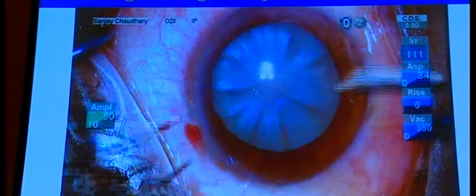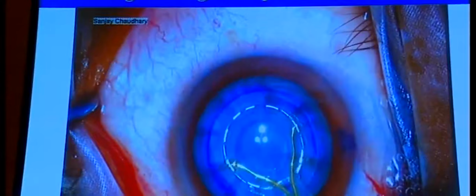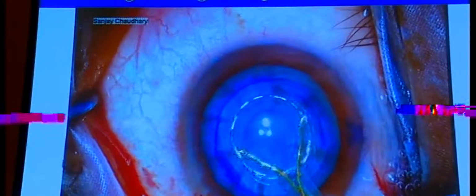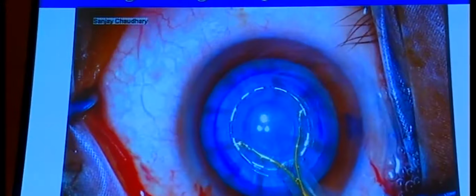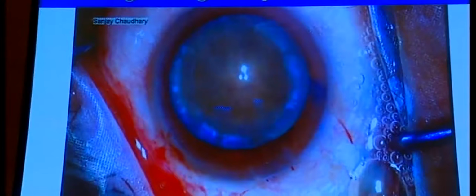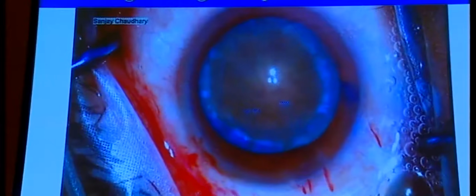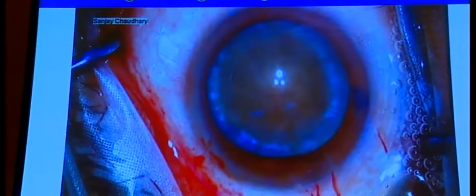Now we looked at some other options for Zepto, and we found it to be very useful in a hard brown grade 5 cataract, where our requirement was that the capsule should be large, about 5.25 or 5.5. That is one basic requirement of phaco.